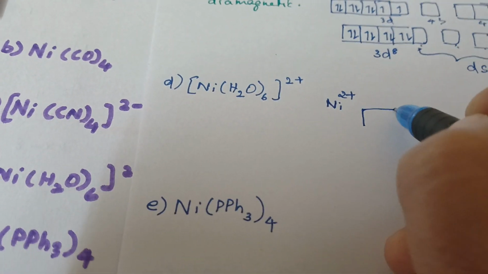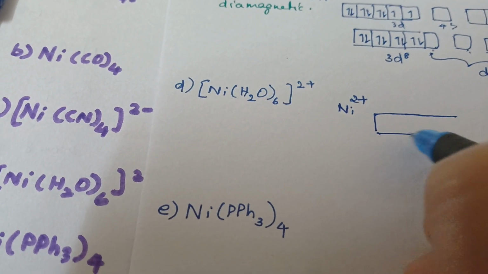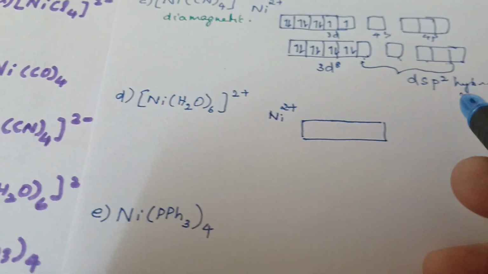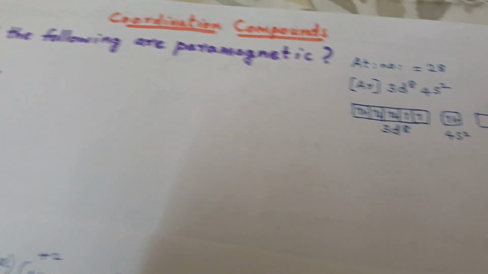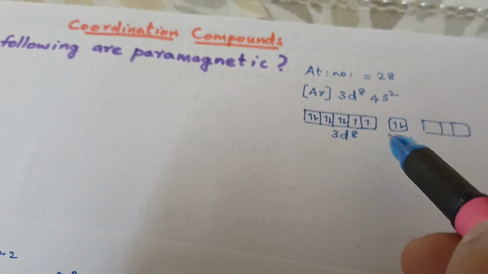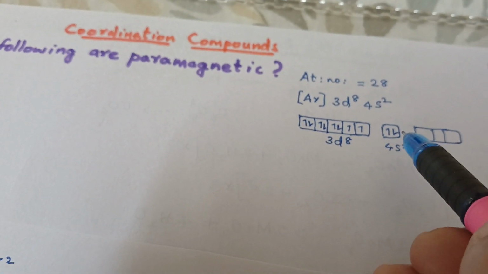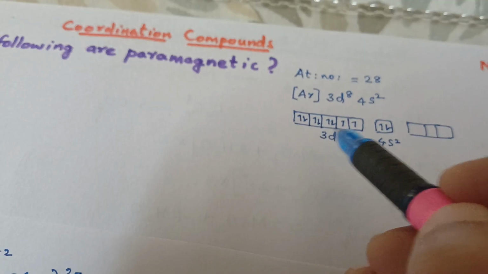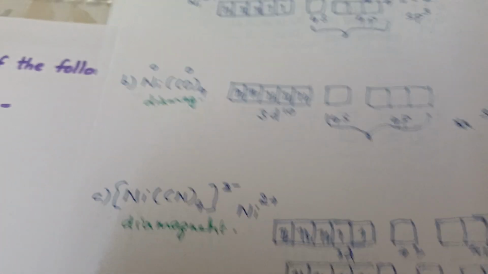What will happen? The 4s electrons will be gone again, because 3d8 4s2, when it is in its +2 oxidation state, these 2 electrons will be gone. It will be left with 3d8.